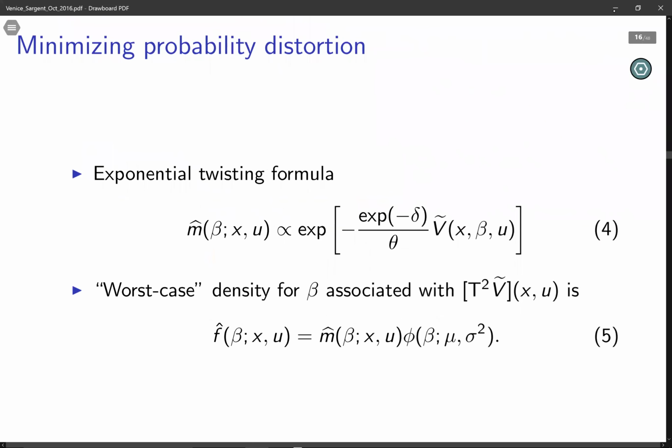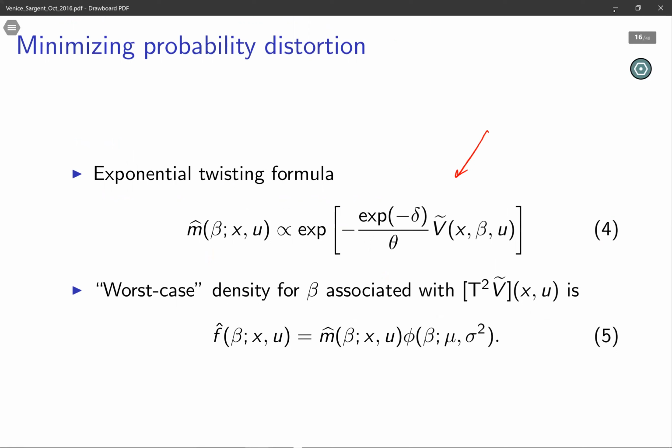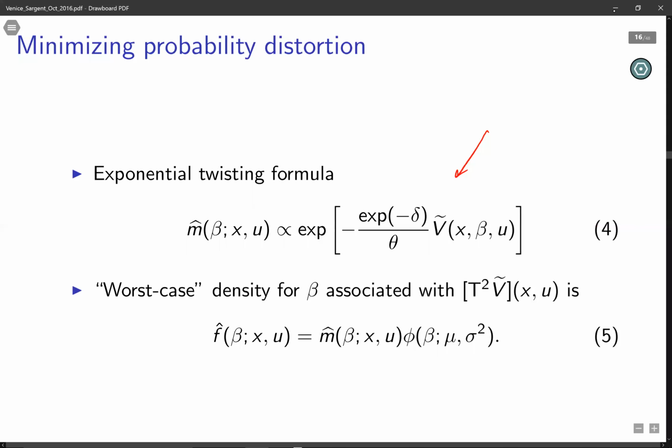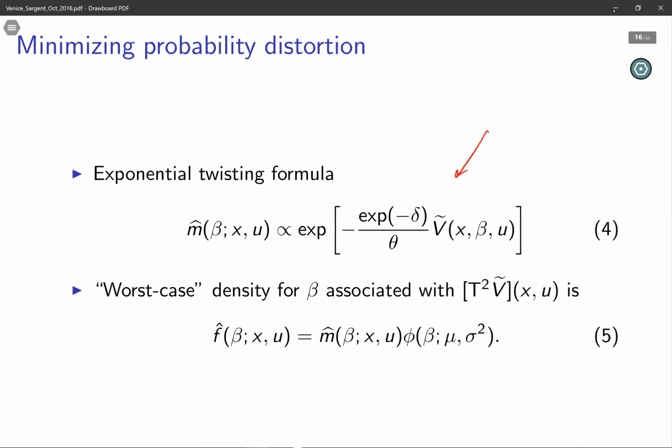Okay, so the worst case density is the likelihood ratio. It's given by this formula. Lars really likes this formula. It's exponential twisting. And if you stare at it, what it says is you increase probabilities at events you don't like, and you decrease them at events with good outcomes as measured by your utility function.